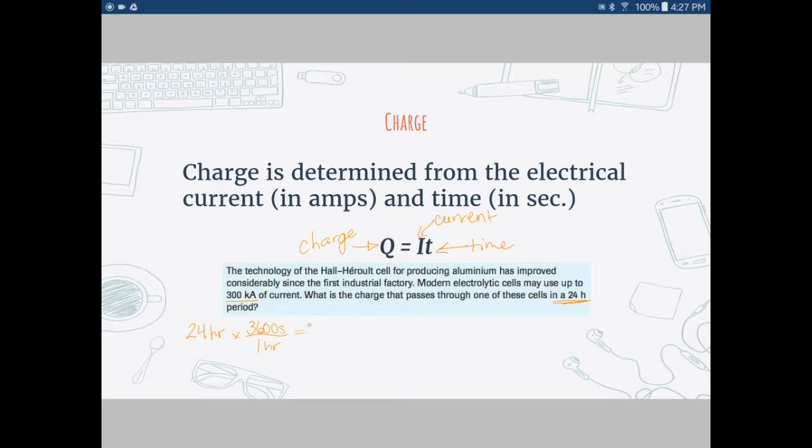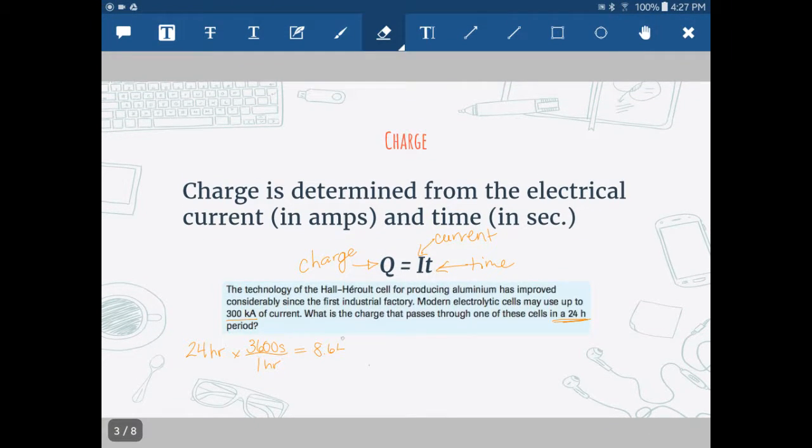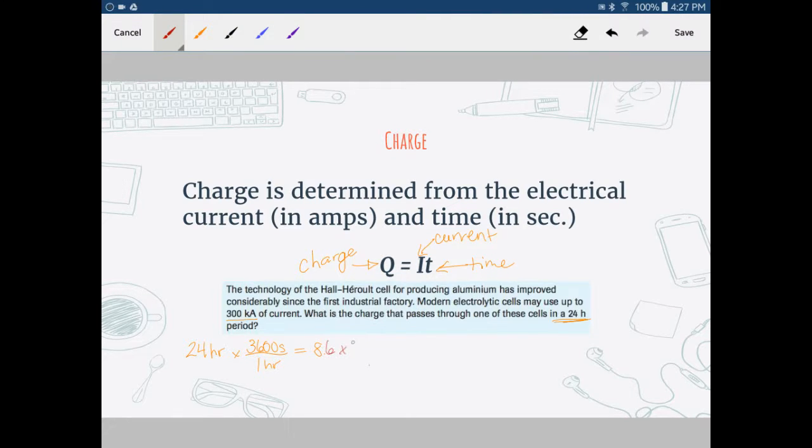Which means in seconds, if I plug that into a calculator, that equals 8.6 times 10 to the 4 seconds. So that's my first little conversion.